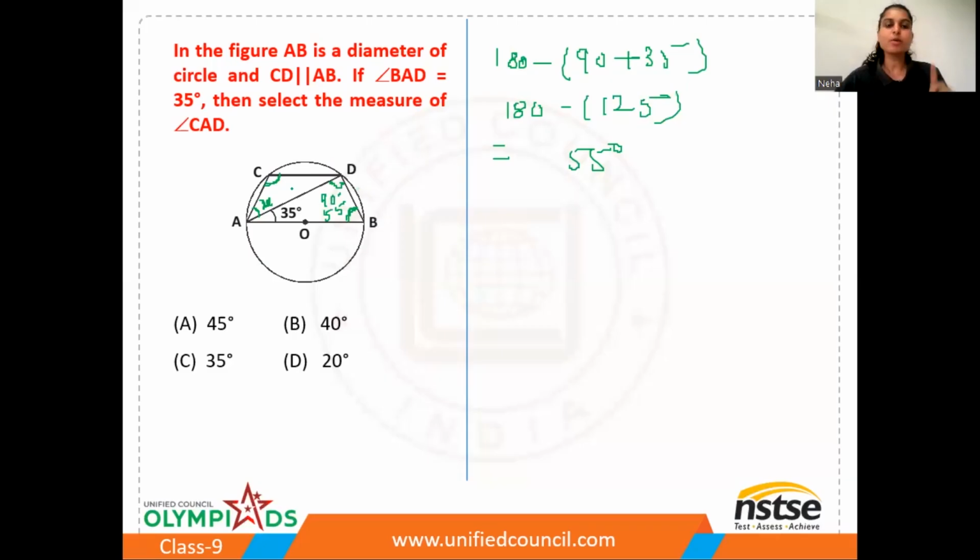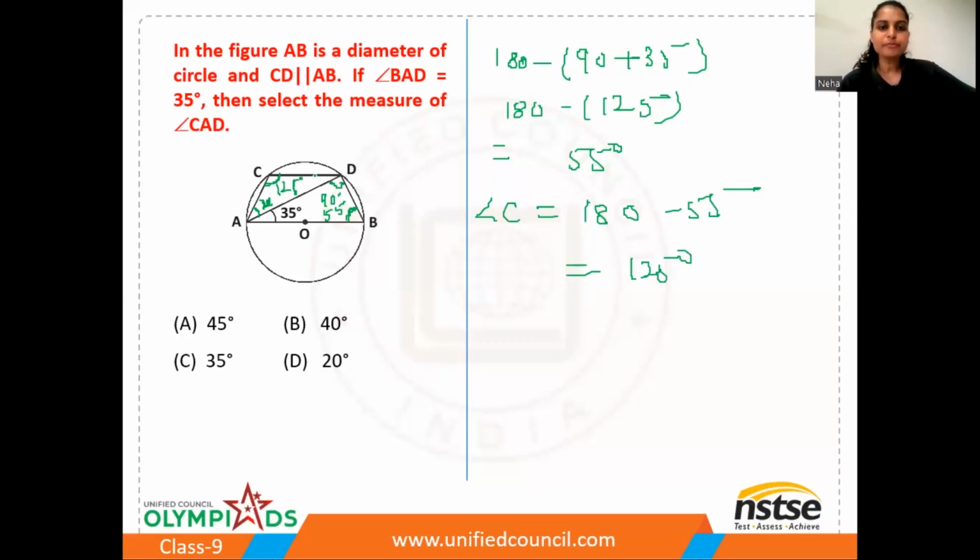The sum of two opposite angles in a cyclic quadrilateral is 180 degrees. So angle C must be equal to 180 minus 55, that means 125 degrees. Perfect.